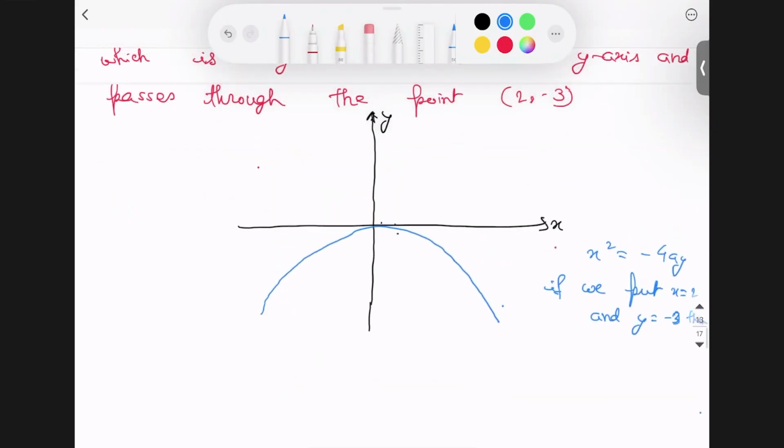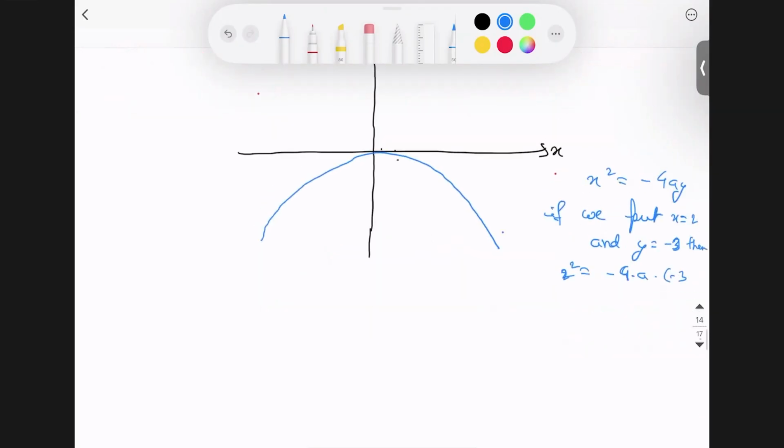Then I will get 2 square equals to minus 4 into a into minus 3. This will give us 4 equals to 12a, that is a equals to 1 by 3.